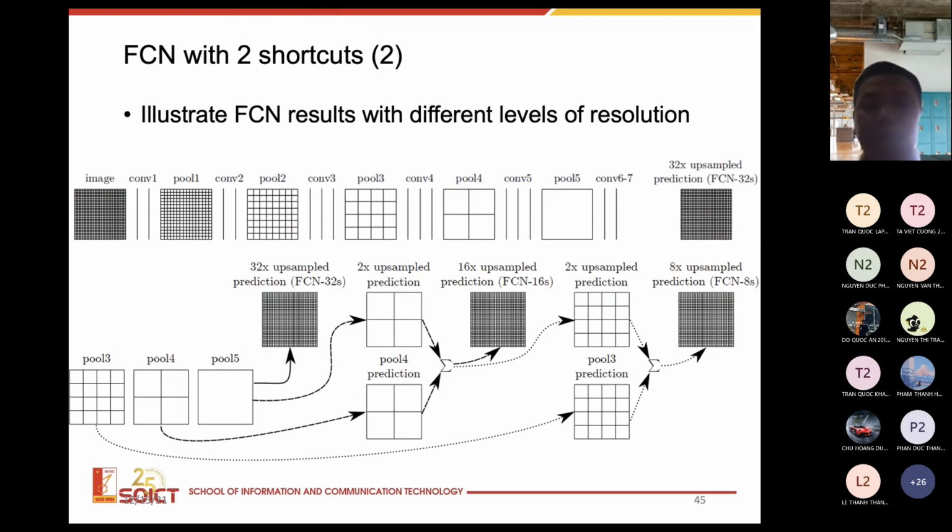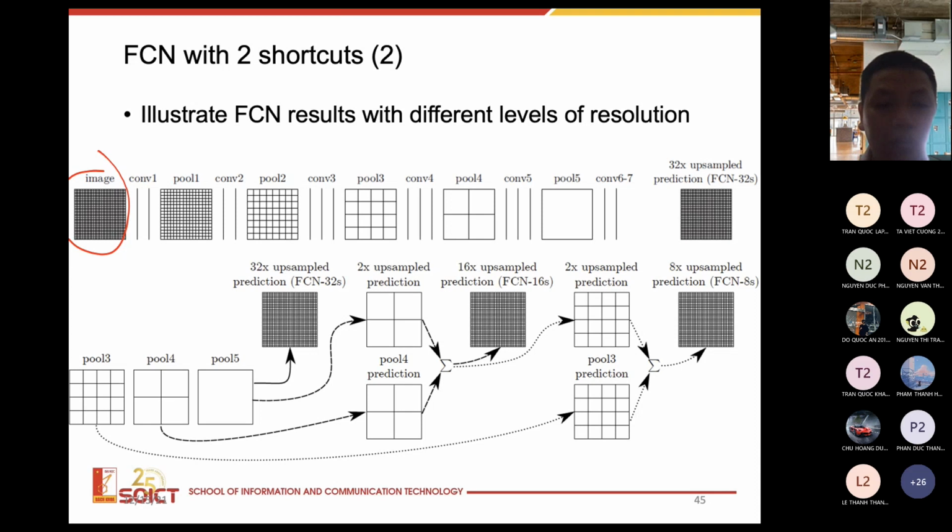Okay, so here is another illustration of a fully convolutional network with different levels of resolution, right? So this is the image, and then you have convolution layer number one, pooling layer one, another pooling, and so on.